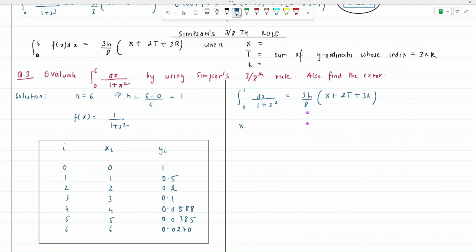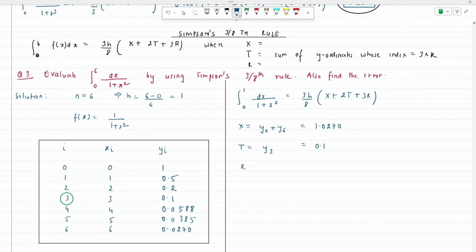So in this case, X is the sum of extreme ordinates, that's going to be y0 plus y6, and that is 1.0270. Now for T, we need the indices which are multiples of 3. So in this case only y3 is there. So this is going to be y3, which is 0.1.